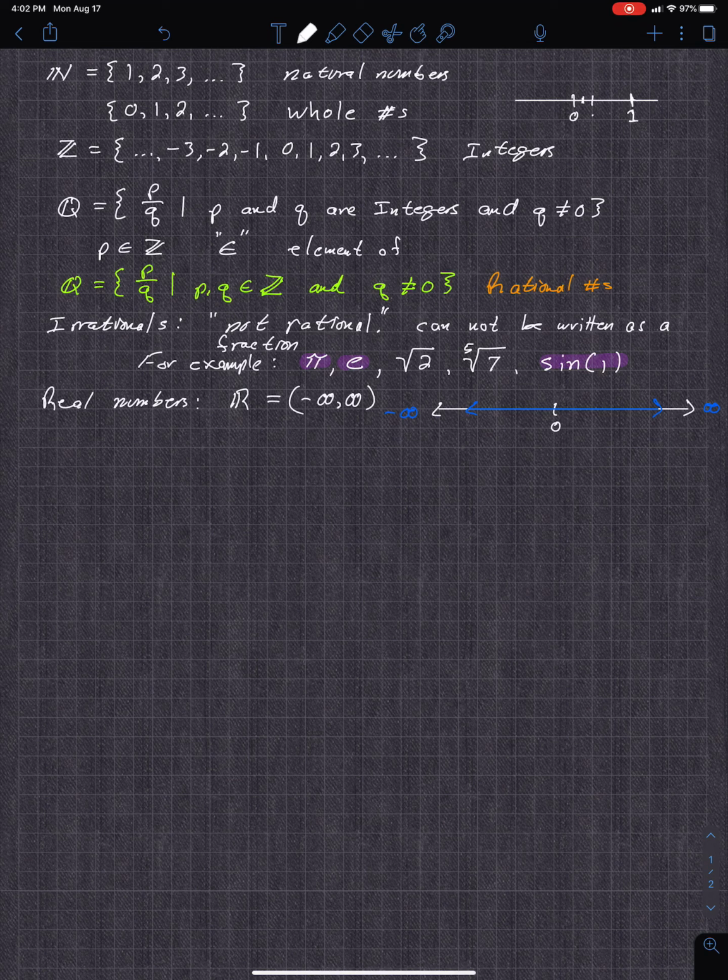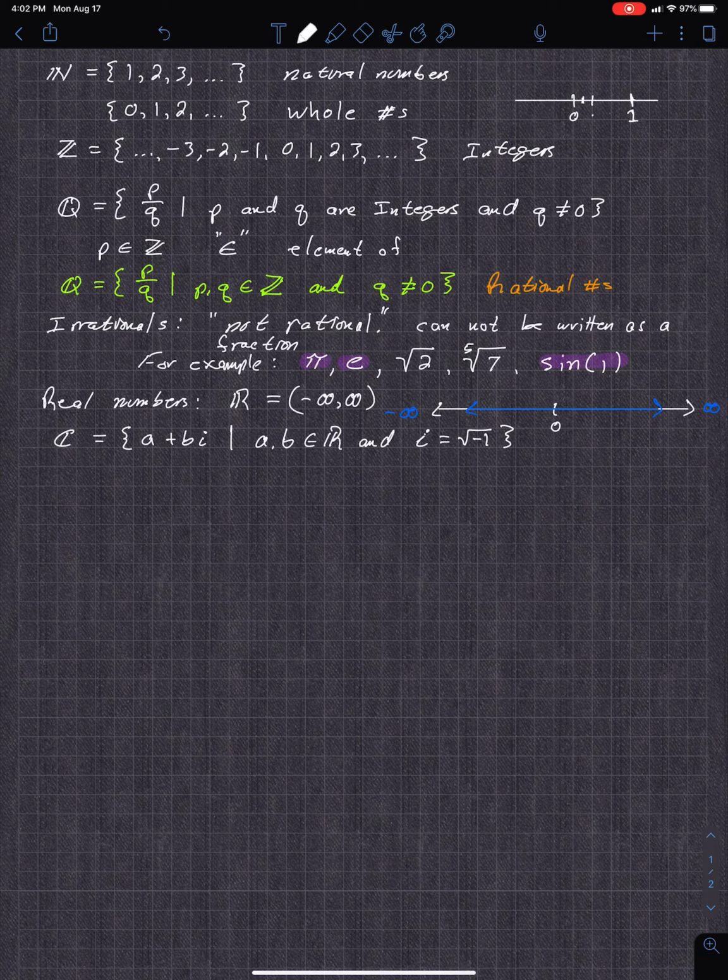Well, let's get into complex first. Then we can talk about the complex numbers. So that looks like this. The set A plus Bi such that A and B are reals, and i is defined to be the square root of -1.